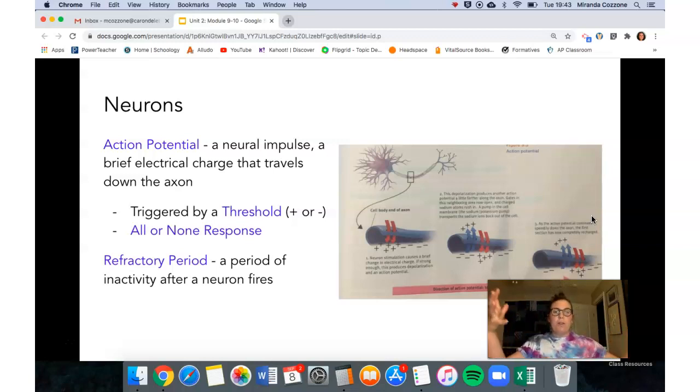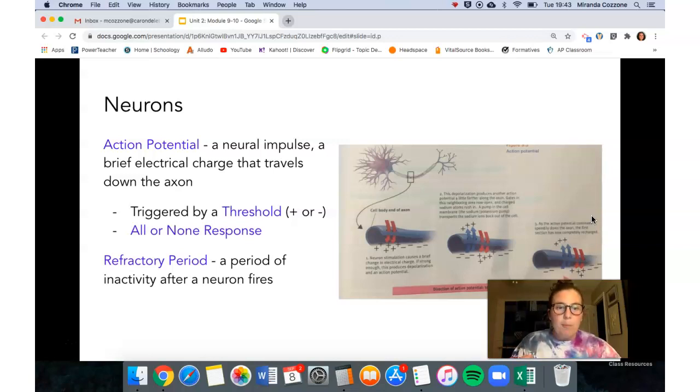You're flooded with endorphins, okay? Or it might be when that person that you really like texts you, right? And you're flooded with dopamine, okay? So an action potential is this all or nothing response that triggers the release of neurotransmitters throughout your nervous system, okay? So it's triggered by a threshold and it's an all or nothing response, okay?